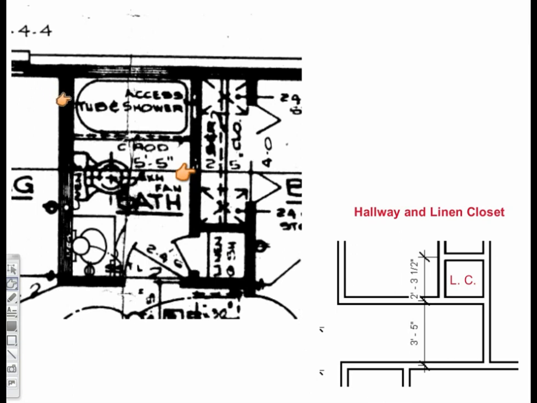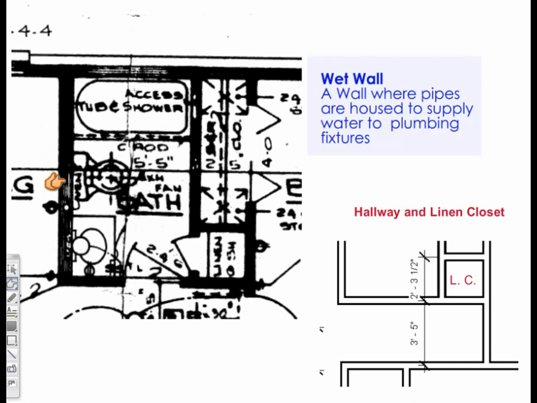Because you have the tub, the water closet or the toilet, and the sink mounted along this wall, it is typically what they call a wet wall. It is called a wet wall because the plumbing pipes that service the tub, the toilet, and the sink are coming into this wall.